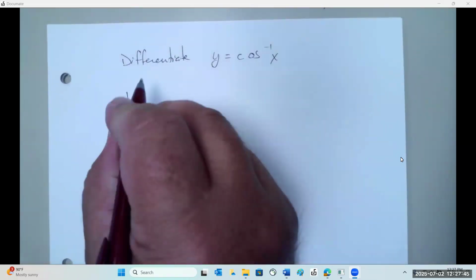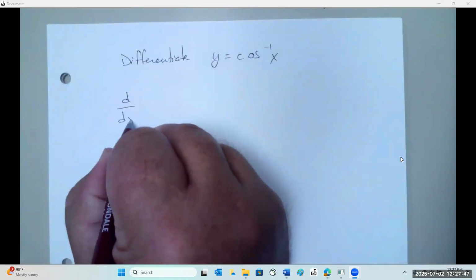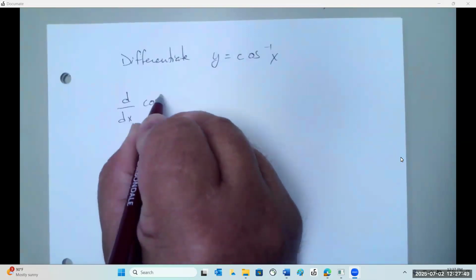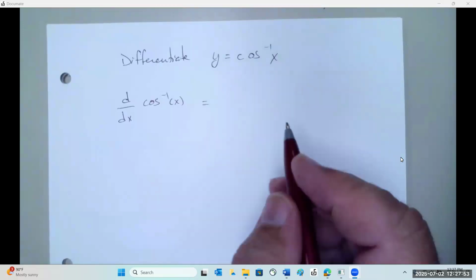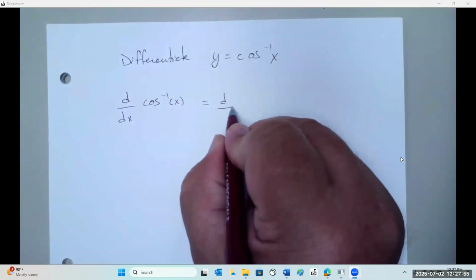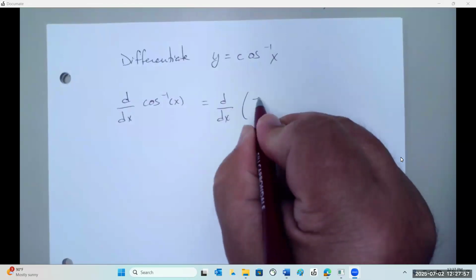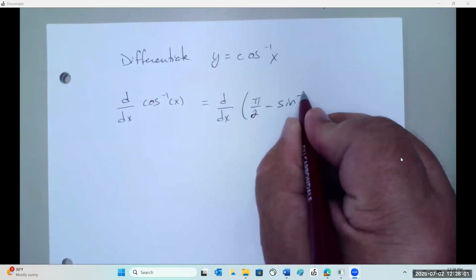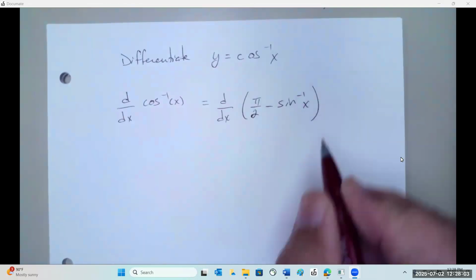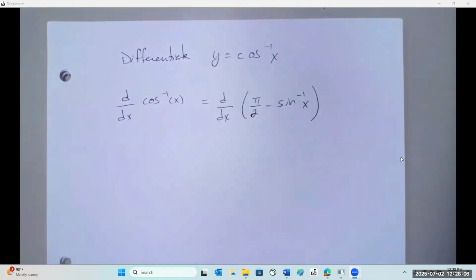So what I'm looking for is the dy dx of the inverse function of cosine, which is equal to the derivative of what we know already. So we don't have to reinvent the wheel. Let's just use what we know already.